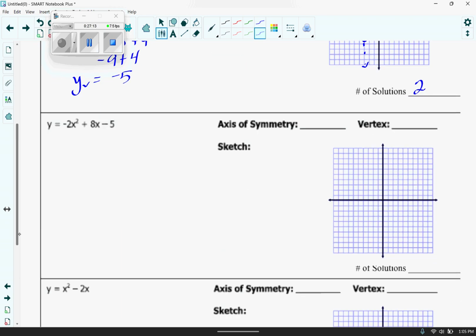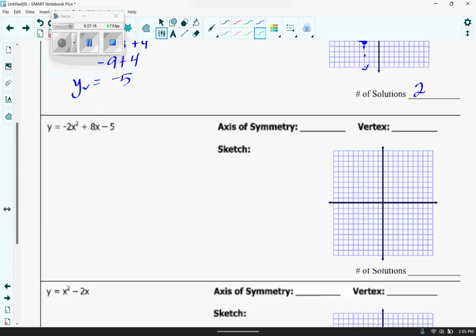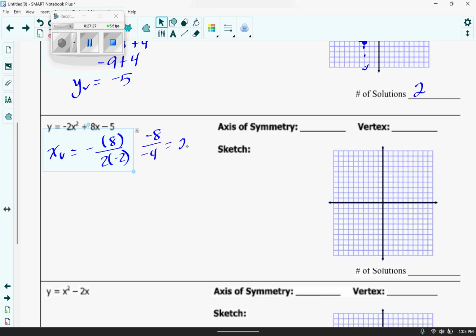All right, the second one, I'm going to say x of the vertex equals negative 8 over 2 times negative 2. So negative 8 over negative 4 gives me 2. x equals 2. Now we're going to plug that in, and we're going to say the y value of the vertex is negative 2 times 2 squared plus 8 times 2 minus 5.